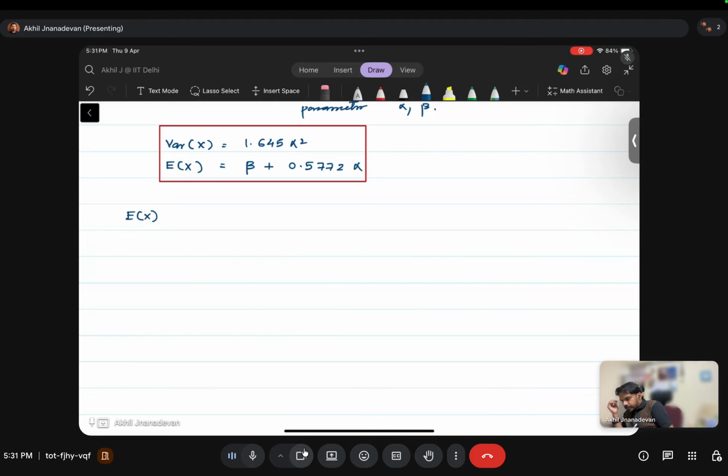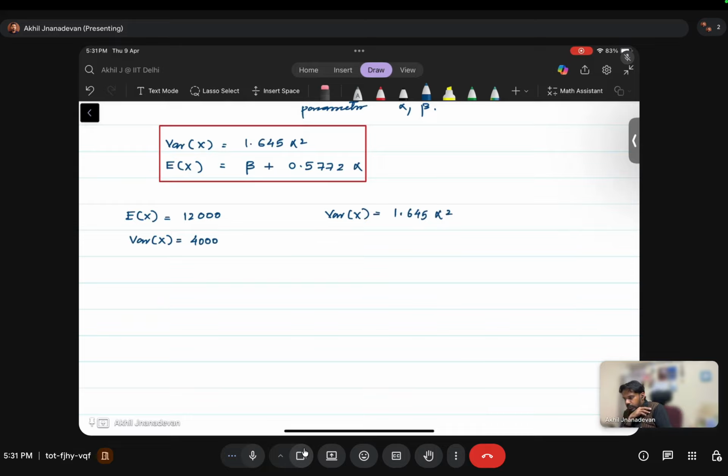Expectation of x is given as 12,000, and variance of x is given as 4,000. So the variance of x is equal to 1.645 alpha square.